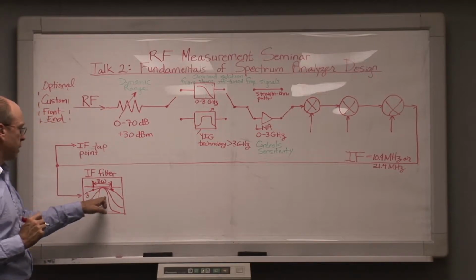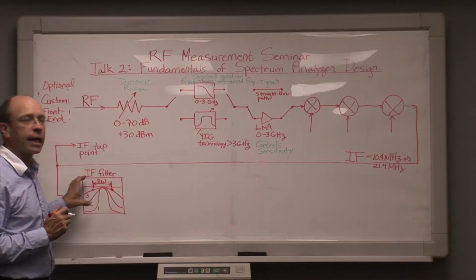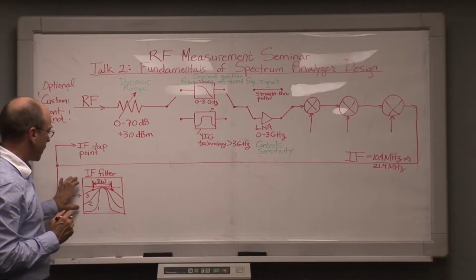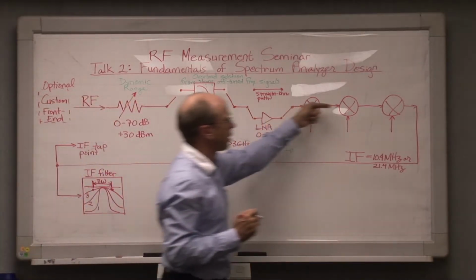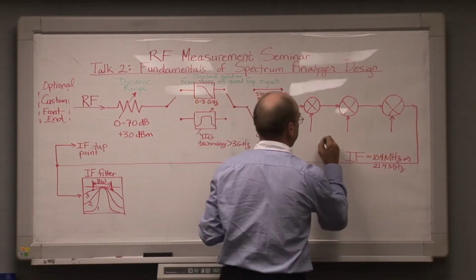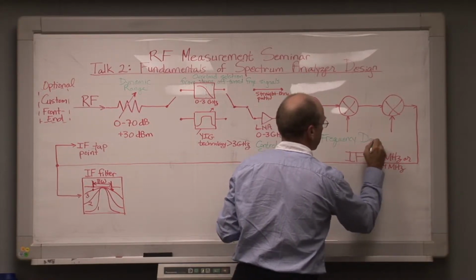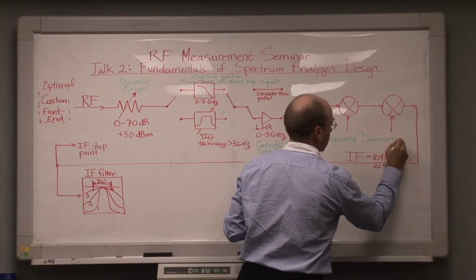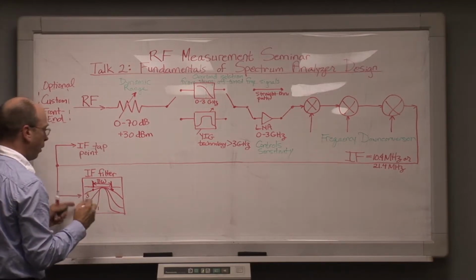Again, usually Gaussian shapes. It turns out that in many respects the IF filter stage is the critical stage of a spectrum analyzer design. We'll talk about this in more detail shortly, but fundamentally any input spectrum that comes into the spectrum analyzer and moves through this set of RF stages and frequency down conversion will ultimately be convolved.